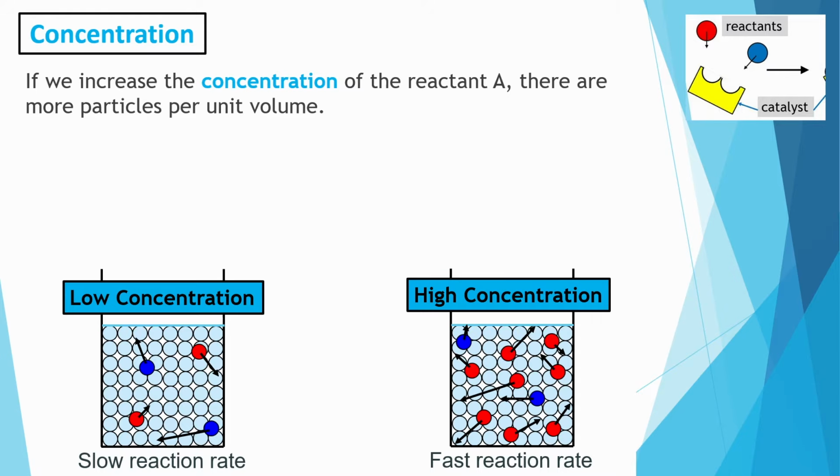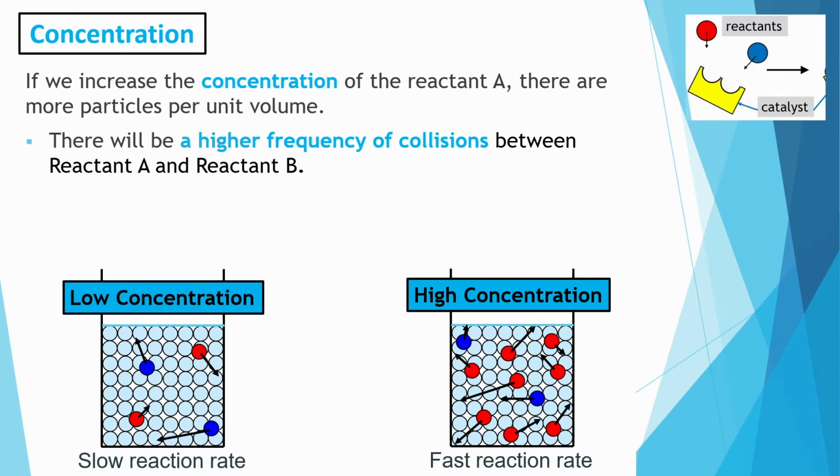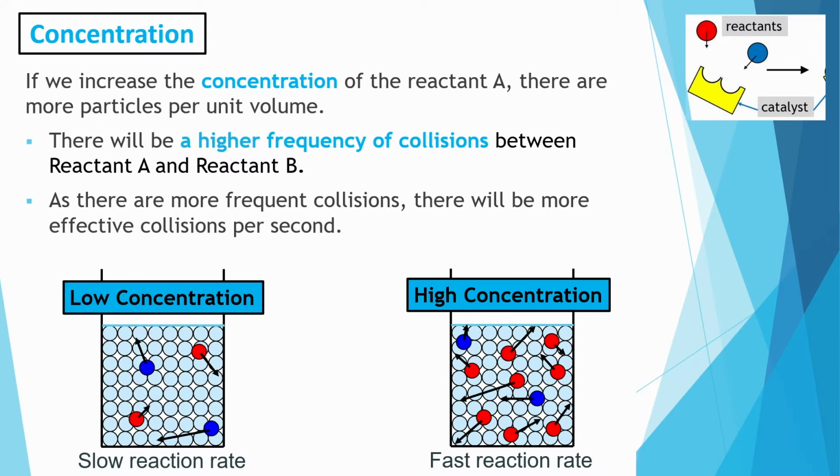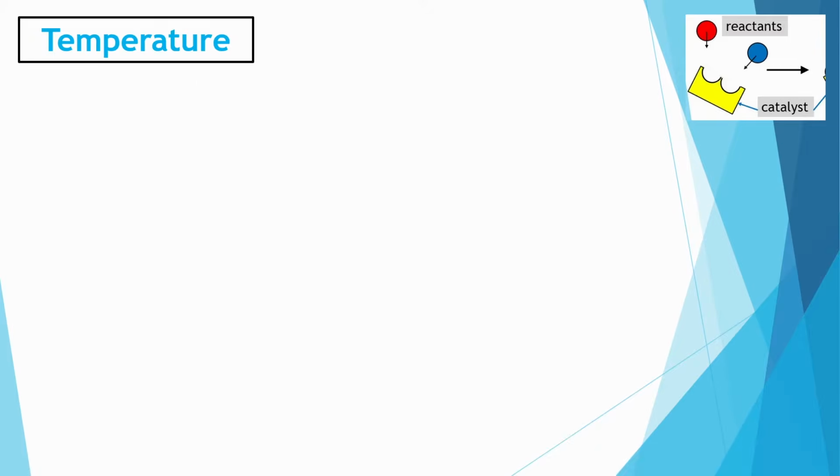Because there will be more frequent collisions, we will also increase the number of collisions that have enough energy to overcome the activation energy. So there will be a higher frequency of collisions, and more effective collisions because more of those collisions will have the energy required just because more of them occurred. And that's how concentration improves the reaction rate.